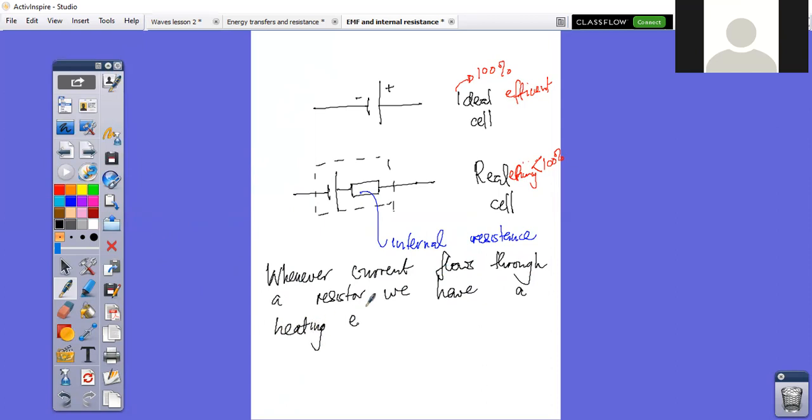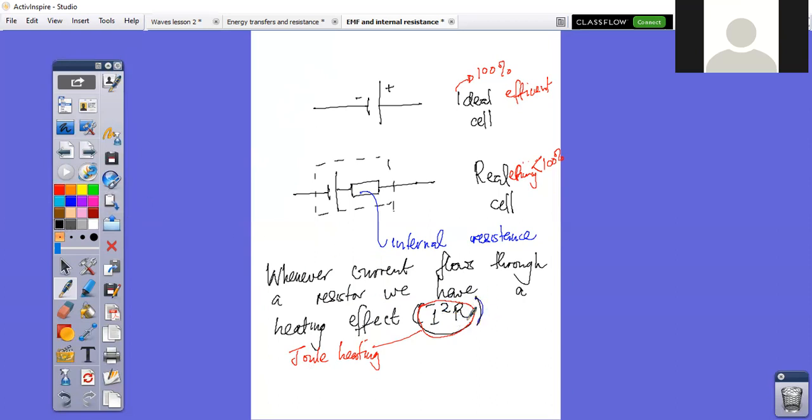And we can calculate the amount of energy we lose as heat using the formula I squared R. This is also known as the Joule heating. We're going to be losing energy given by I squared R, where R is the value of the resistor.